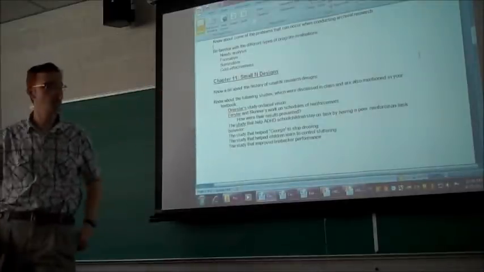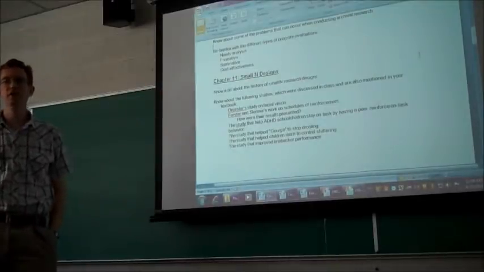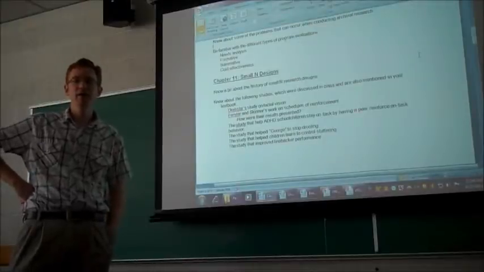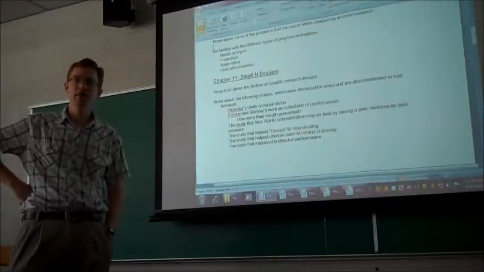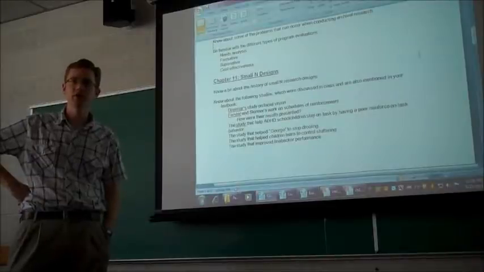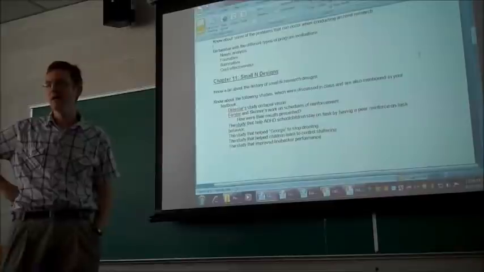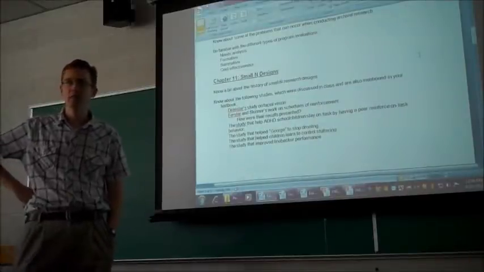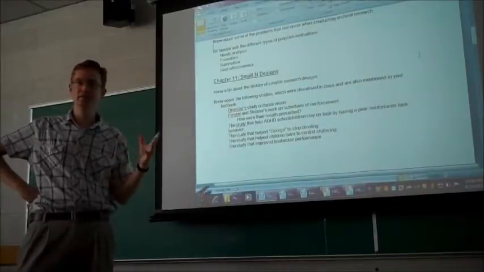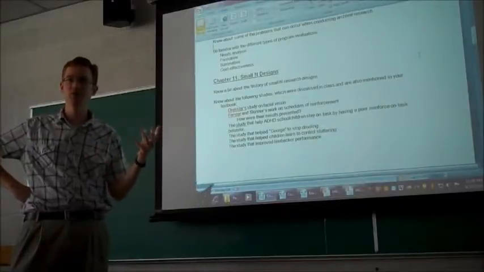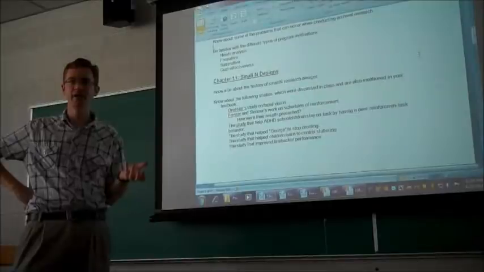Formative, that's when a program has been underway for a short period of time. You can look to see if it's working in the short term and if it's being implemented as originally planned. It might be that it's a good program, it's just that people aren't following the instructions that were part of the original design.